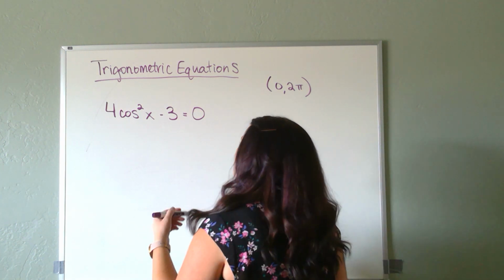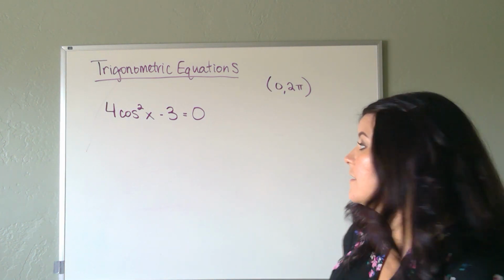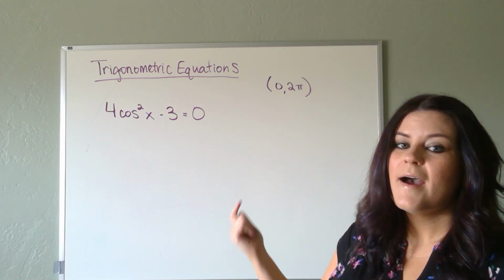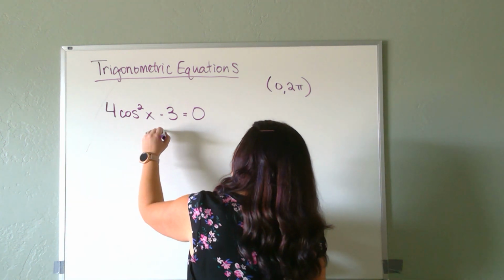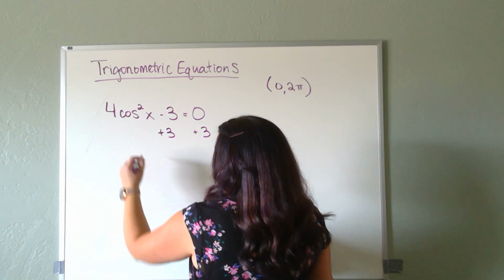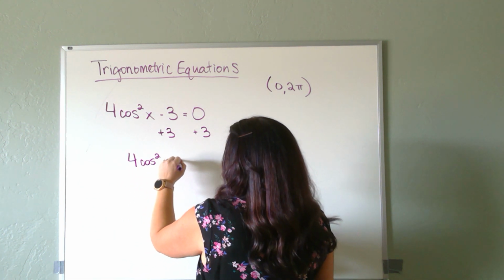So the first thing you would do when you look at this, yes, there's a squared in there. Yes, I'm going to have to be really careful about it. But that minus 3, I can still pull that over to the other side. So let's add 3 on both sides. Then I have 4 cosine squared x equals 3.